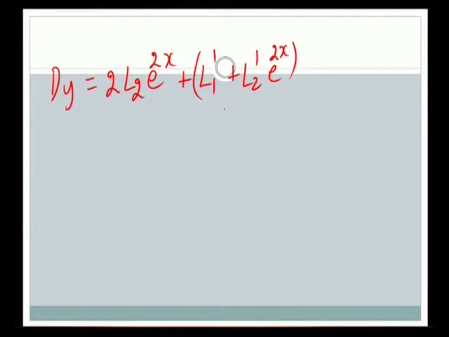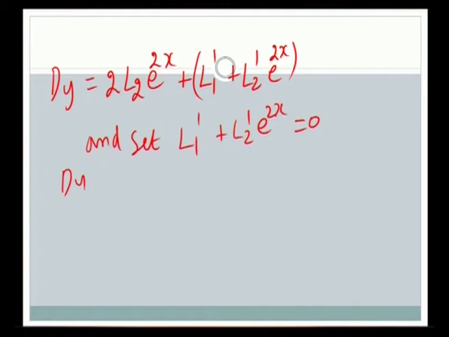Set L1 prime plus L2 prime e power 2x equal to 0. This is one of the conditions. So, dy will become 2 L2 e power 2x. This is the first derivative of the given L function.